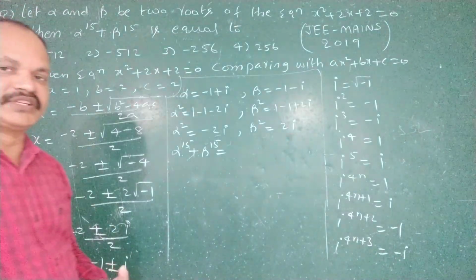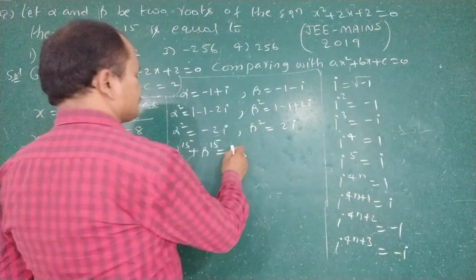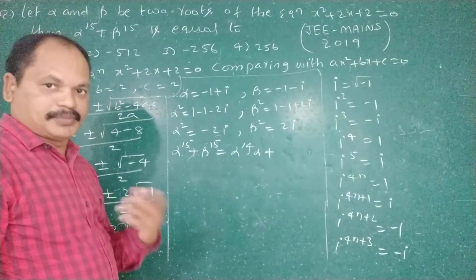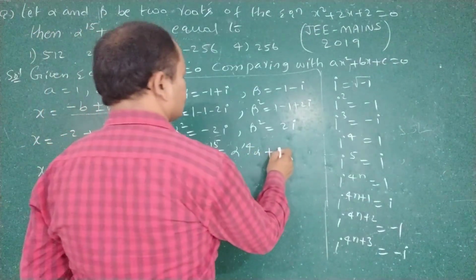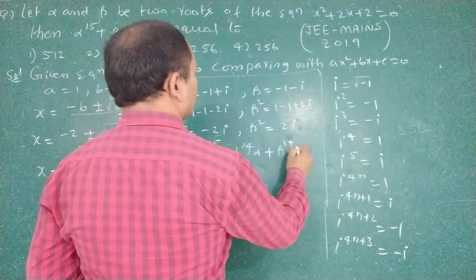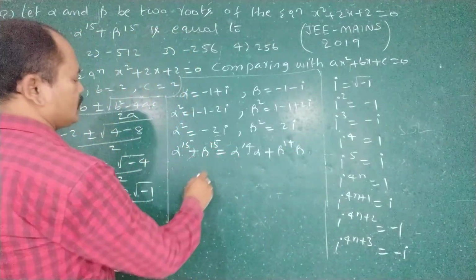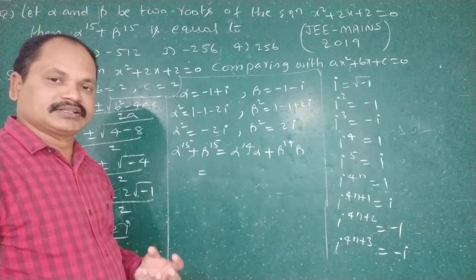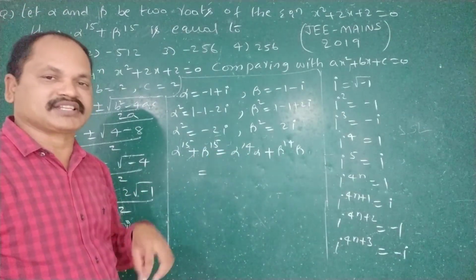Alpha power 15 can be written as alpha power 14 into alpha, plus beta power 15 can be written as beta power 14 into beta. Alpha power 14 can be written as alpha square power 7.